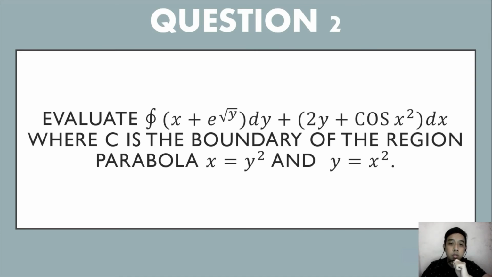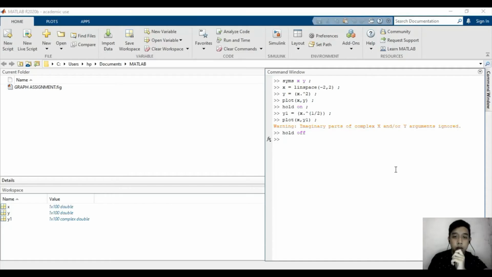First we need to find the graph. I use MATLAB to find the graph. First of all we need to define the x and y variables, and then we put the range, which is -2 until 2, and then we put the y equation for the first graph. Then we plot the graph.